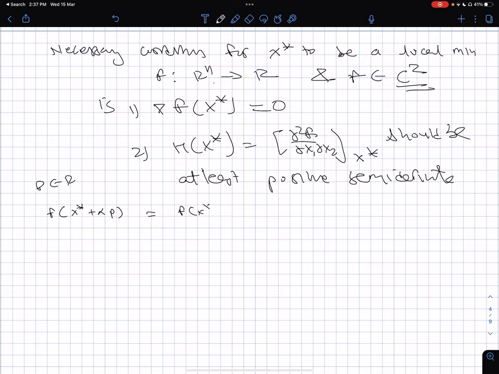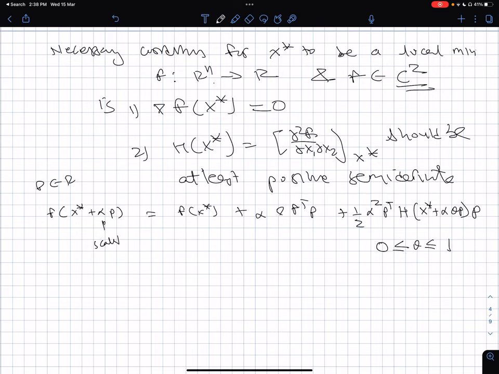So if you do Taylor series expansion of this, it is going to be equal to the function evaluated at x star, plus alpha times the gradient vector evaluated at x star times p, plus half of alpha square, where alpha is a scalar here, p transpose times the Hessian matrix evaluated at x star plus theta alpha p, times p, where theta is a number between 0 and 1.